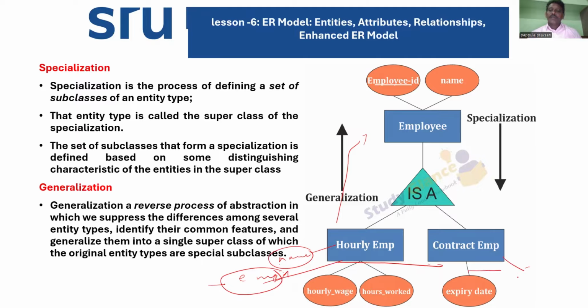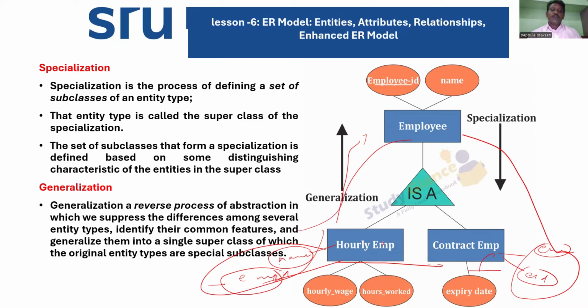Here also employee ID and employee name. So now we take these common features and, based on this, generalize them into a single superclass that is called employee. This is the specialization and generalization.